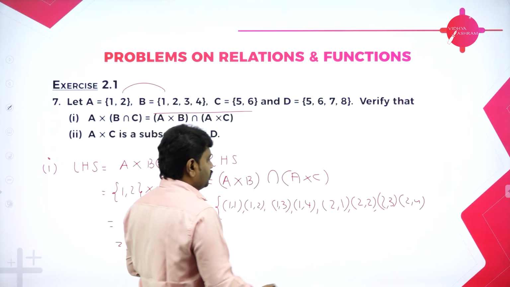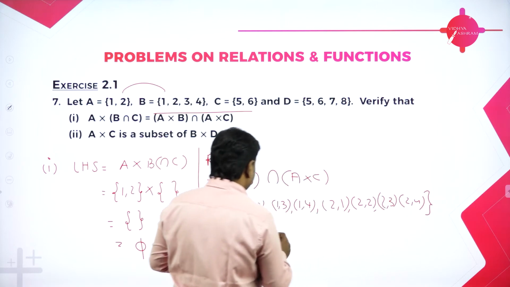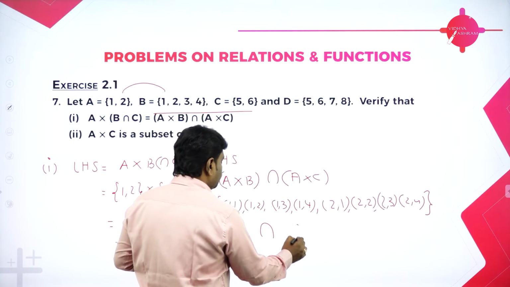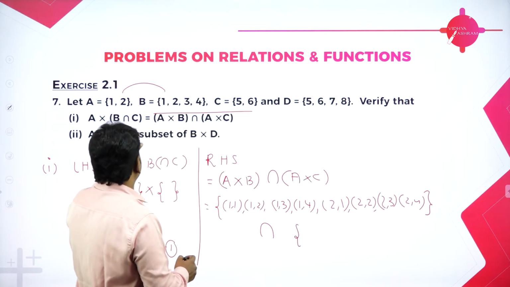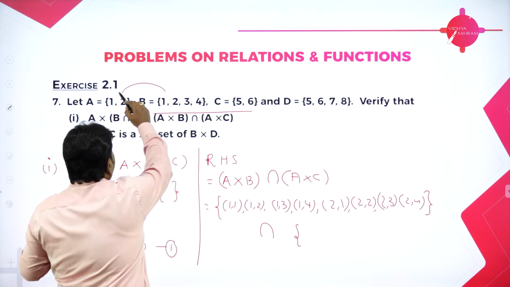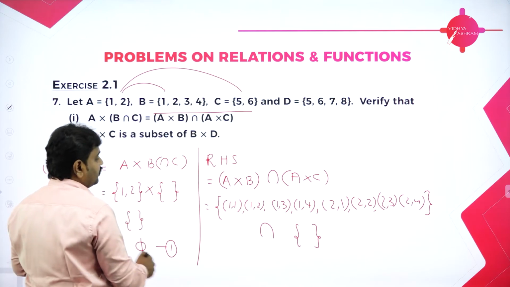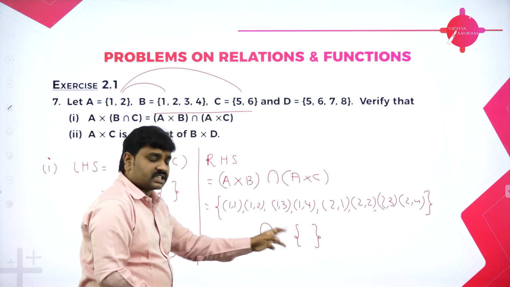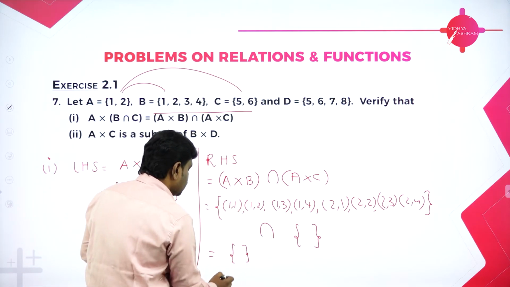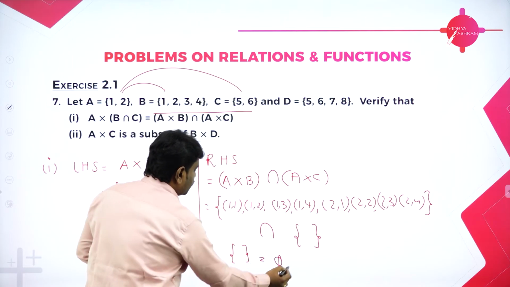So we got A cross B, intersection A cross C. Do we have any common elements in A and C? A is 1 2, C is 5 6. Null set. Intersection is null set. Any set intersection null set is null set. So the answer is psi, call it 2.